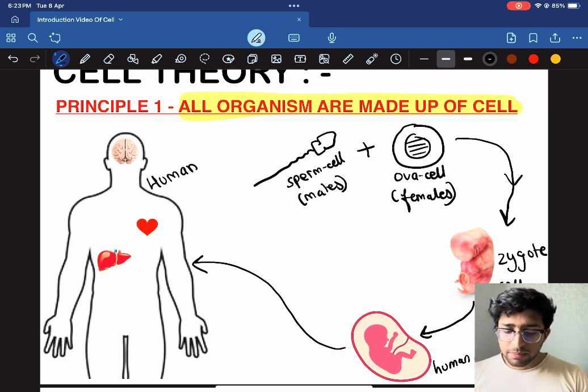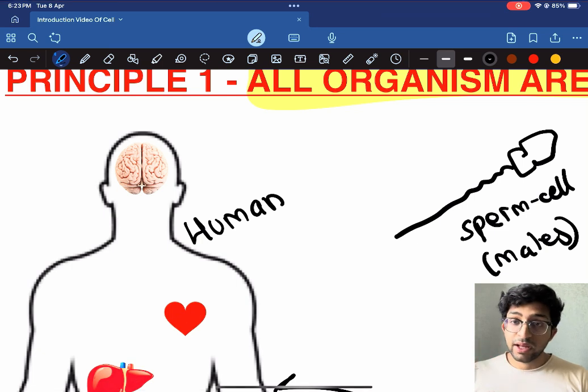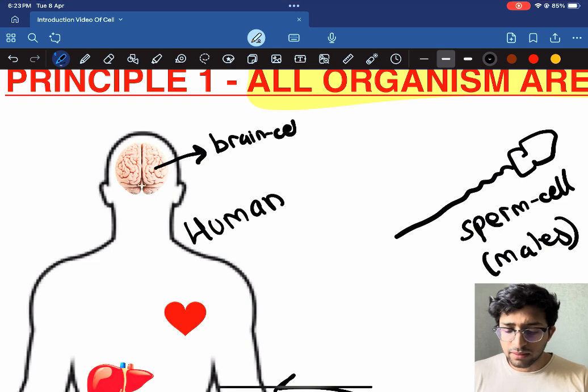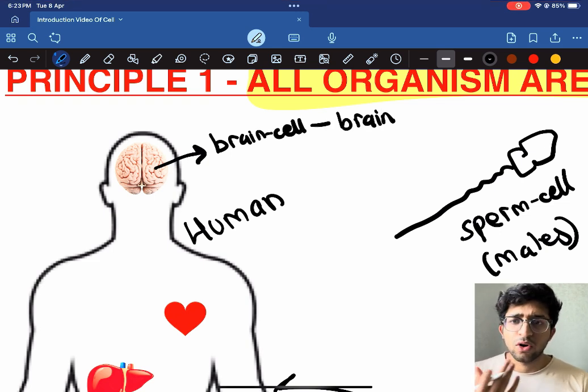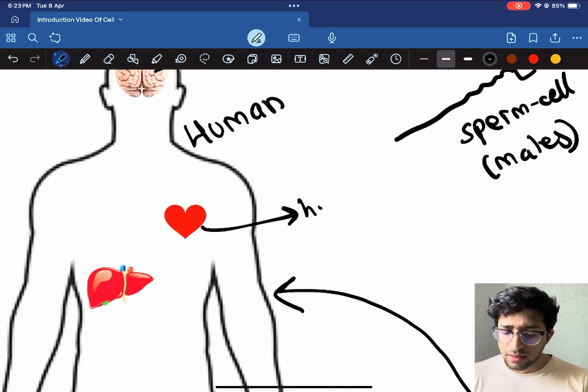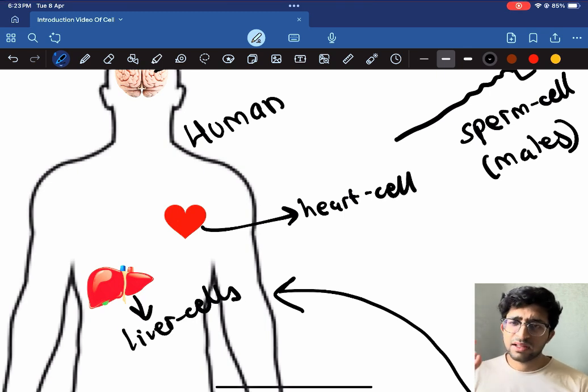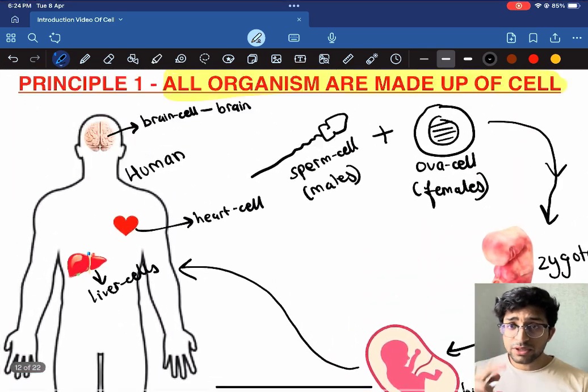Then these cells make brain cells, forming the CNS, central nervous system, and autonomic nervous system. They form heart cells, liver cells, kidney cells, etc., as we discussed in our earlier slides. So this was the first principle.